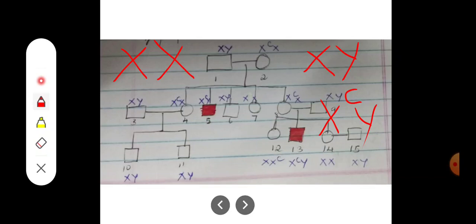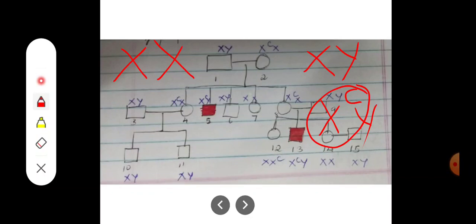And if the father is affected, having color blindness on his X chromosome, then surely his male children will have the disease? Males have X and Y, and this X, if it comes from the mother, it's okay, but if it comes from the father, surely that male child will be affected by the disease.